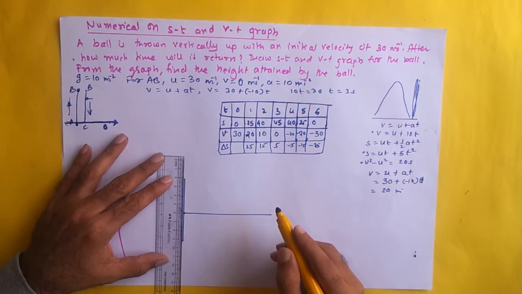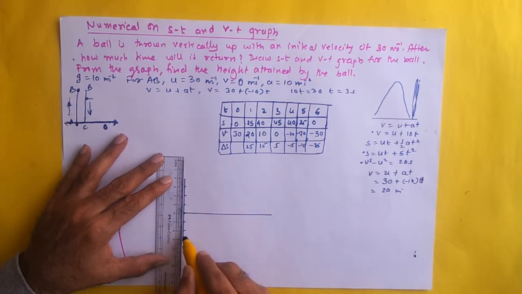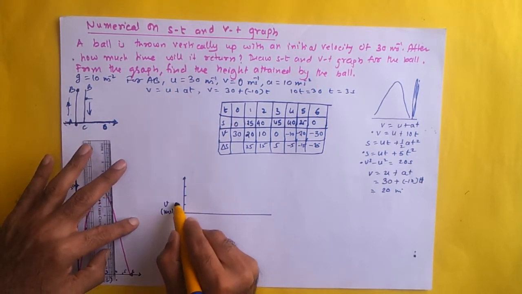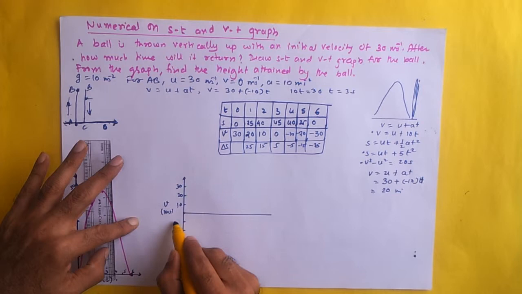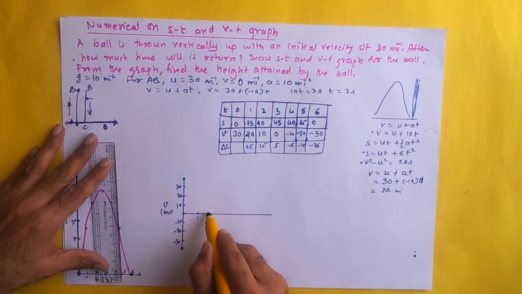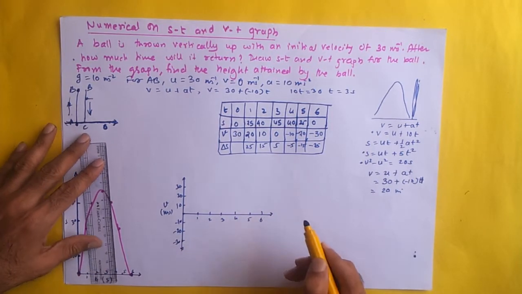Velocity is from 0 to 10, so 1, 2, 3. So let's say this is velocity in meters per second. This is 10, 20, and 30. This is minus 10, minus 20, minus 30. And here we'll take 1, 2, 3, 4, 5, and 6 seconds.